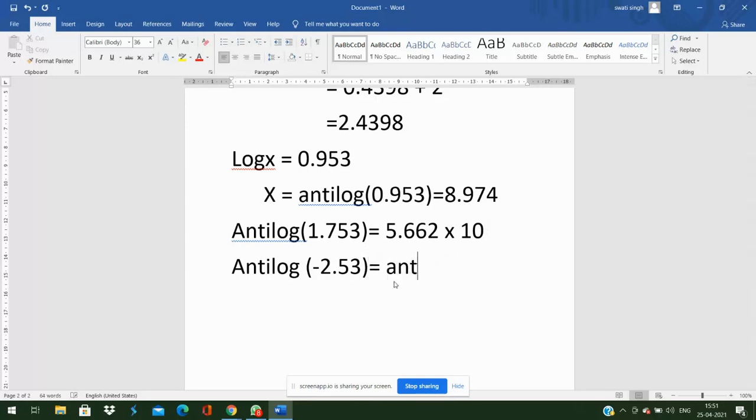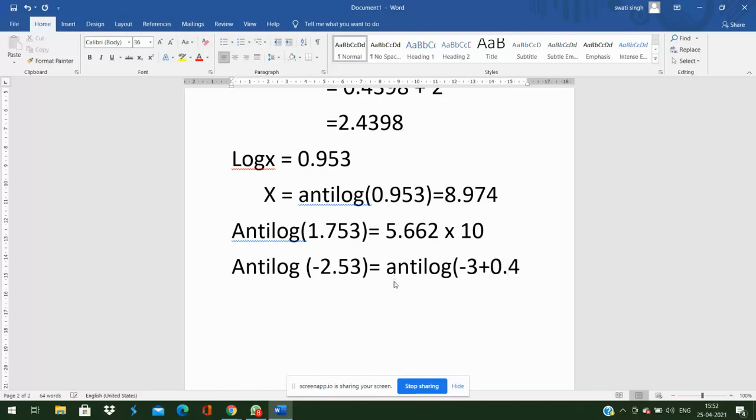It will be antilog under bracket minus 3 plus 0. In place of 0.53 we will subtract it from 1. So when we subtract it from 1, 10 minus 3 is 7 and 9 minus 5 is 4.